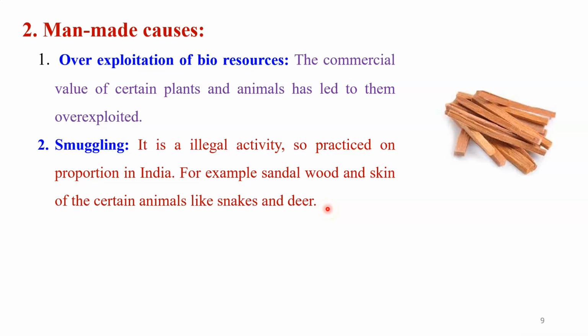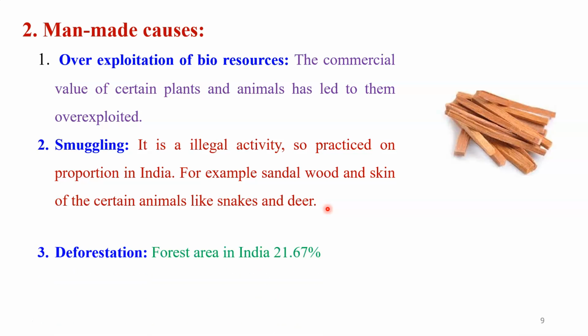So in this process, for smuggling purposes, they do hunting and damage the forest, and when they do this activity it also negatively affects biodiversity, and therefore they are responsible for the decline of biodiversity in India.